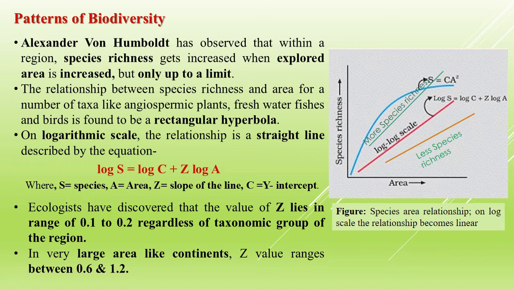But if the same data is plotted on a logarithmic scale, we find a straight line, and the equation becomes log S equals log C plus Z log A, where S represents species richness, A represents area, Z represents the slope of the line, that is the regression coefficient, and C represents the y-intercept.